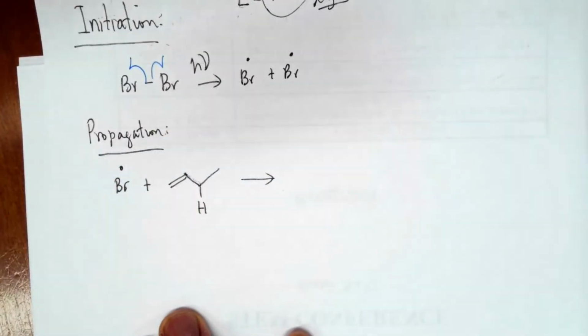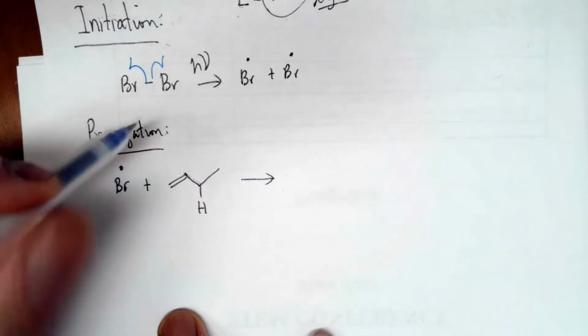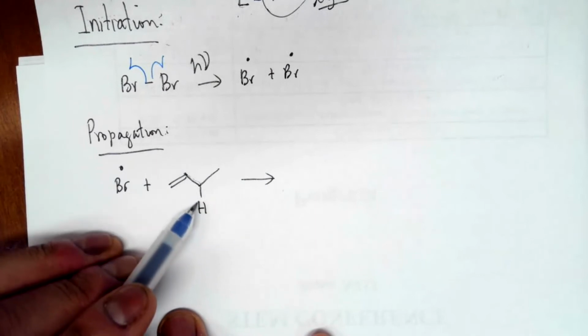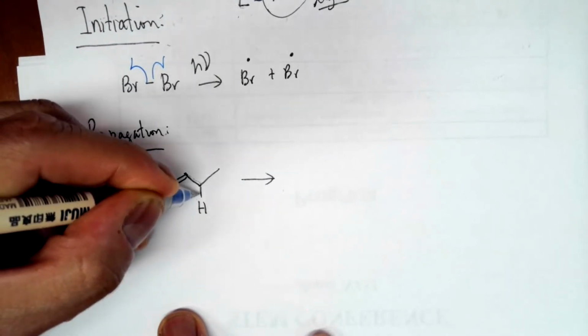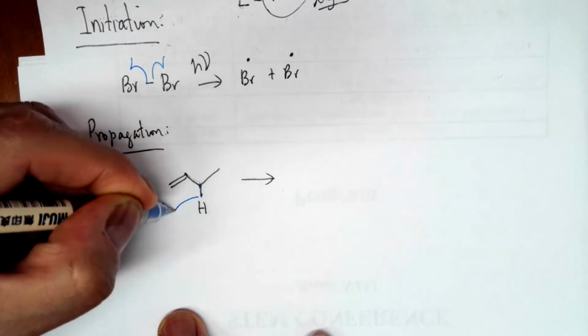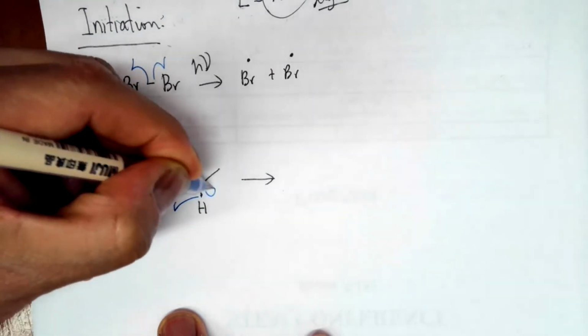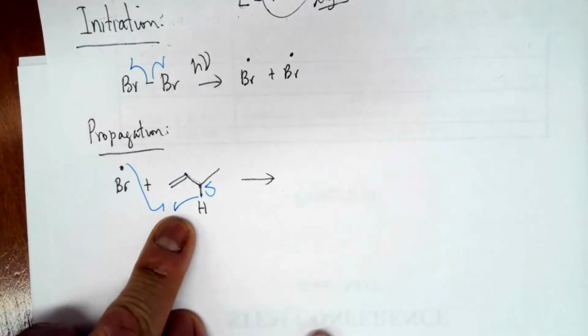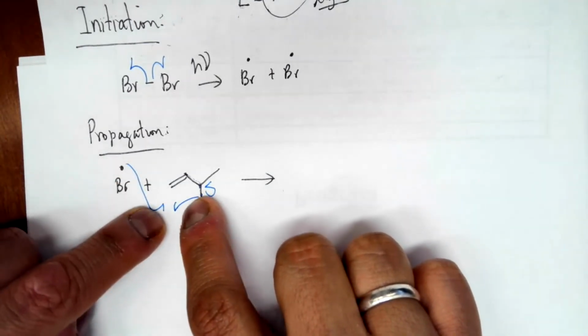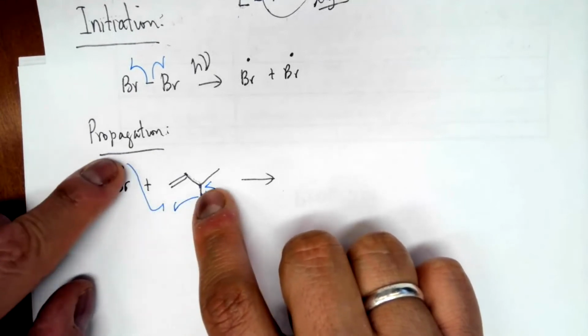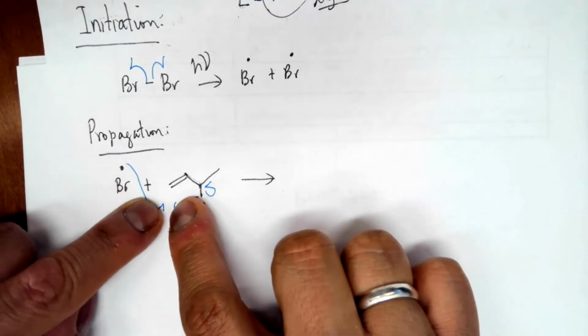Here it's not going to attack the double bond. My weakest bond is the CH, so I will make it like this, representing the homolytic cleavage. See, here I'm putting the arrow of the bromine getting together with the H. I'll make the two fish hooks get close.